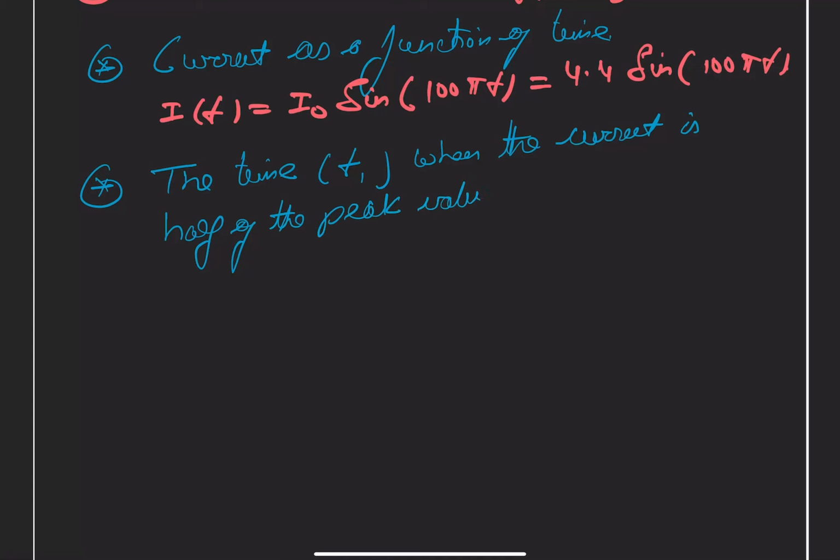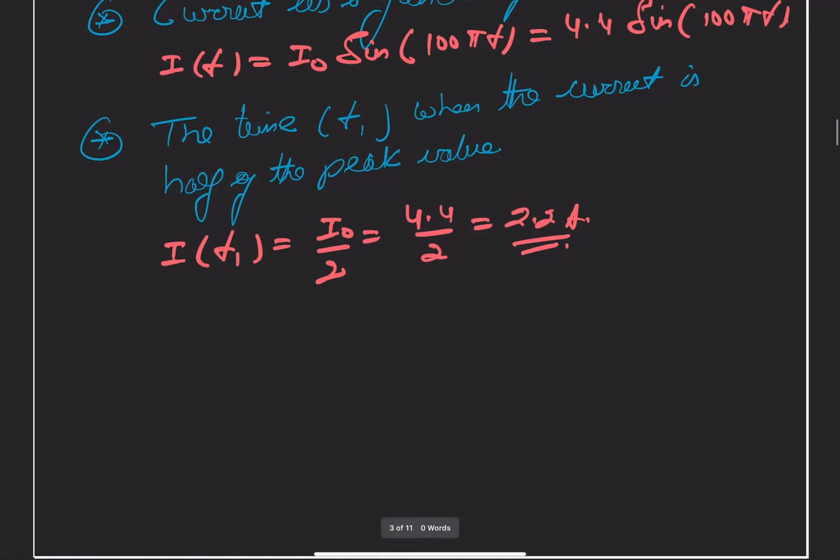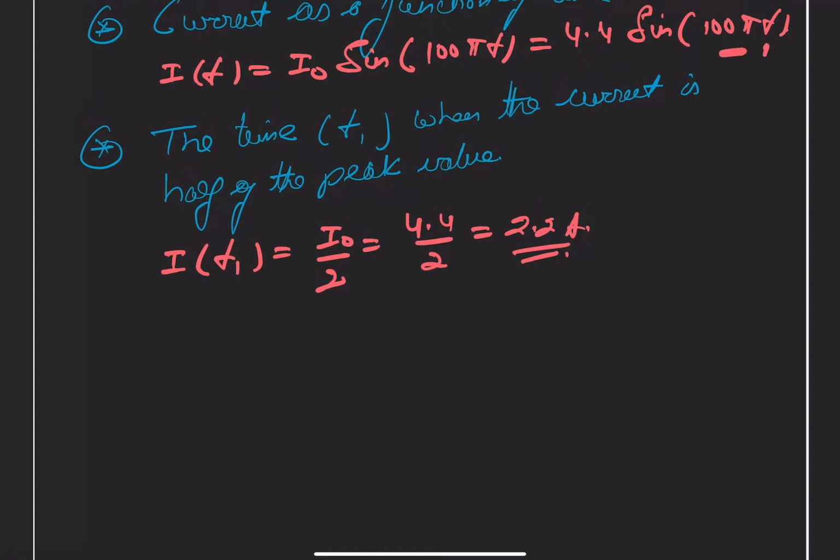Therefore, we can write I of t1 equals half of the peak value, which is 4.4 divided by 2, and we get 2.2 amperes. So we found the value of the current I t1. Let us call the current equation equation number 1.